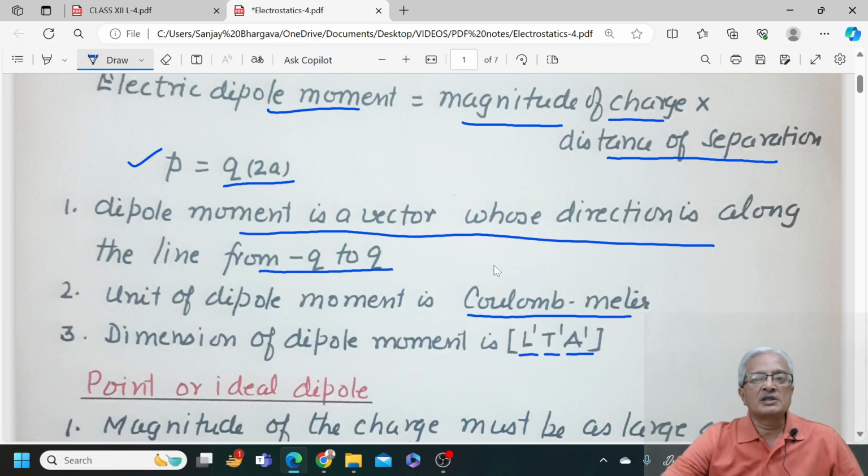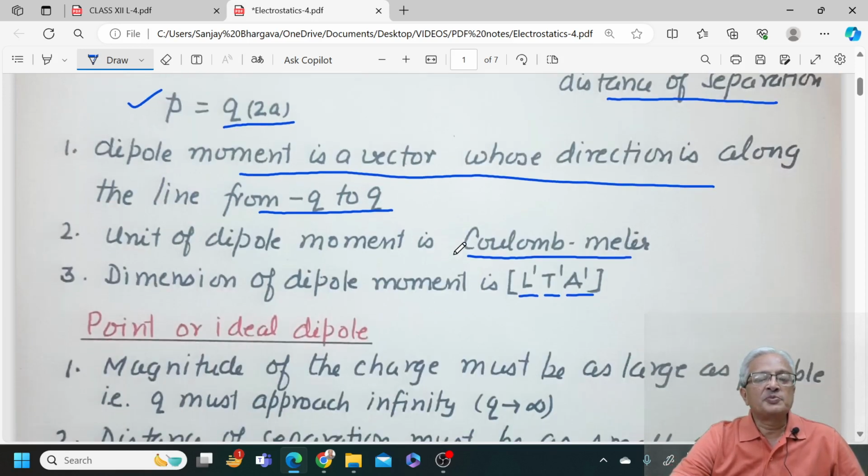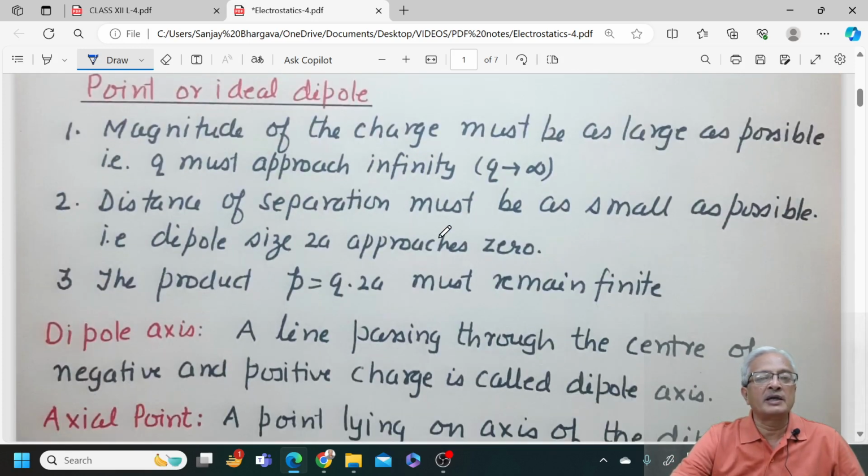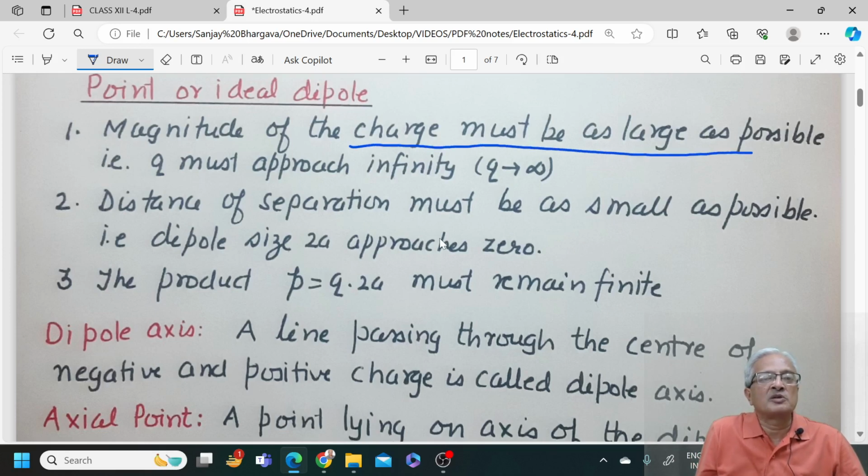Now the question is, how do we imagine a point or an ideal dipole? For such a dipole, we lay down certain conditions. The first condition says the magnitude of the charge must be as large as possible, that is, q must approach infinity.